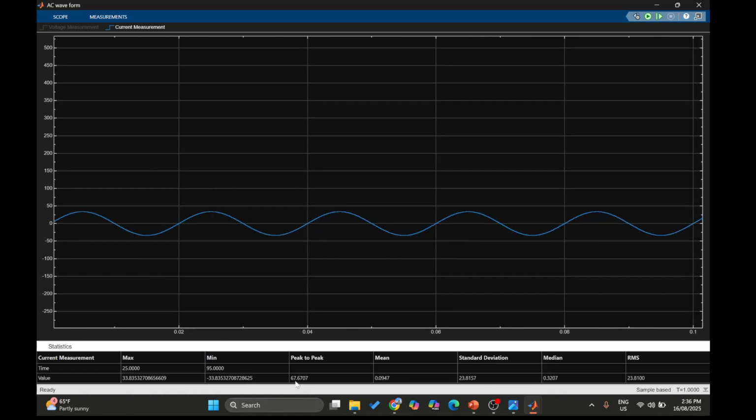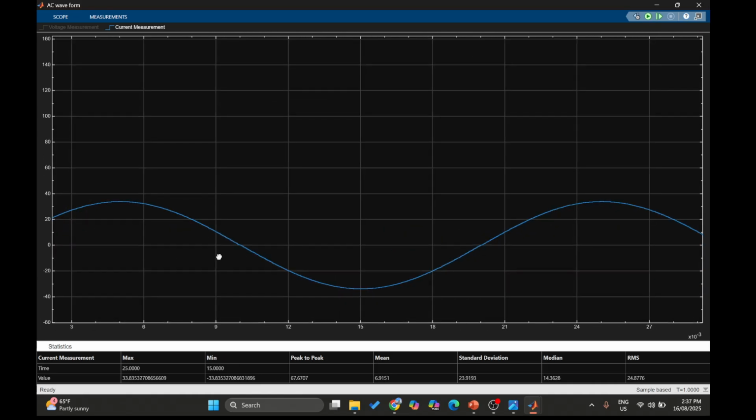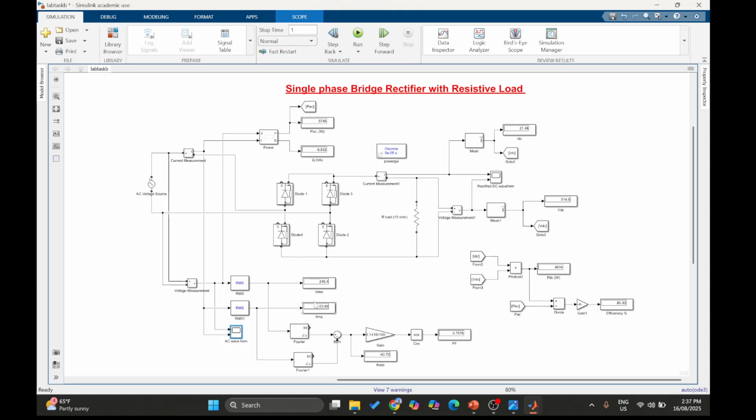The peak is 67 amps. No. It's 30. Sorry, it's 33. Yep, this is the one. 33, and the average AC current is around 6.7 amps, and the RMS value is 24, as shown in this RMS measurement. This is an AC waveform.